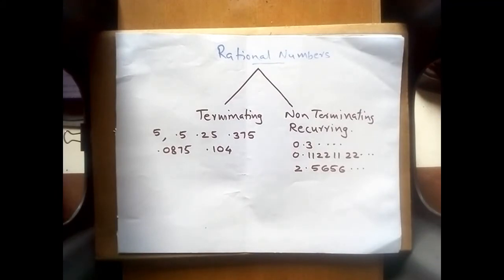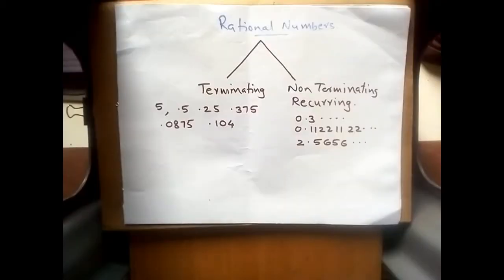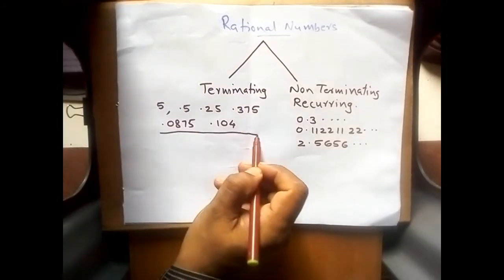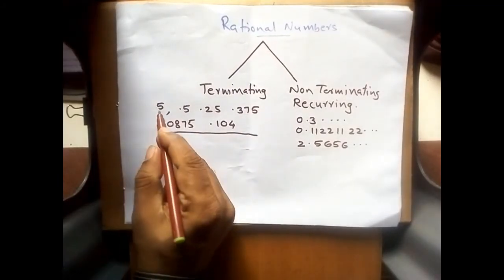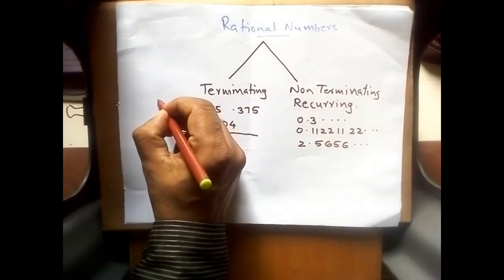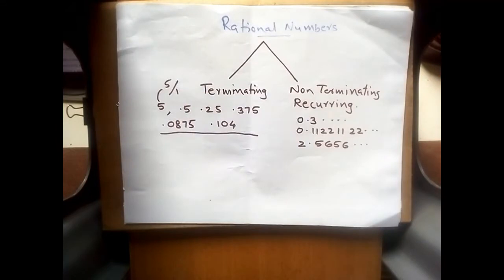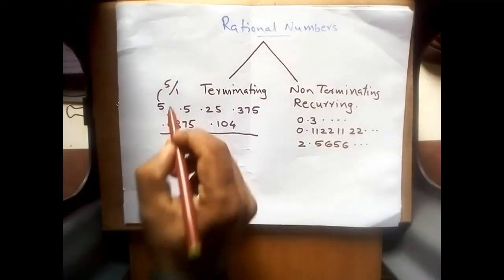Let us see whether these numbers follow our definition of a rational number. Let us see what is happening to these numbers. 5 can be written as 5 divided by 1. So it is following the rule p by q, where p and q are integers in lowest terms and q is not equal to 0.